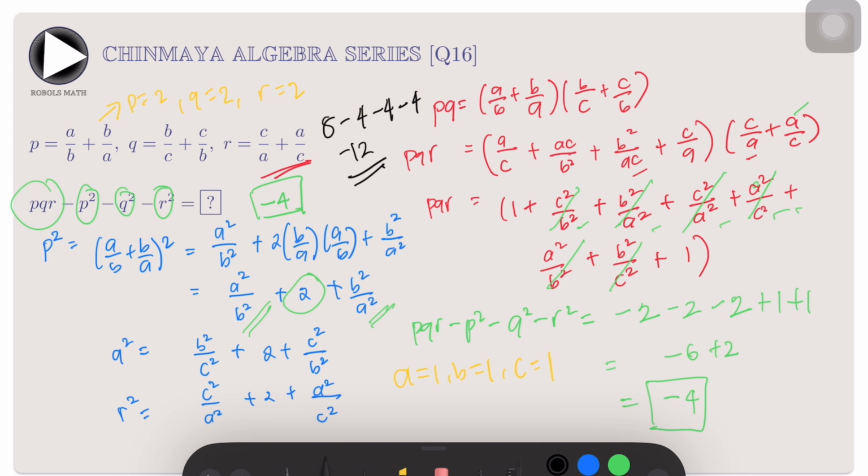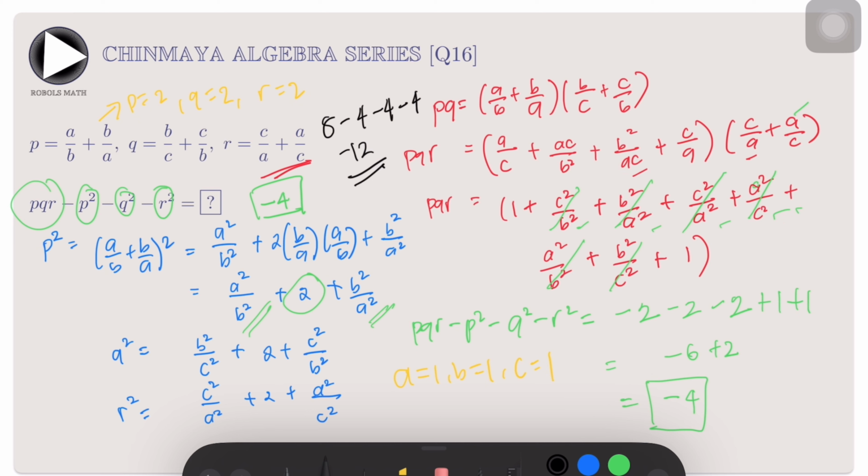So if you want the quick method for this one, you can use that. But I'm not into this method because one, we cannot assume that the answer is invariant in terms of the other variables. So if the answer here is actually not a constant and the answer is in terms of A, B, and C, then our answer of negative 12 would be definitely wrong.